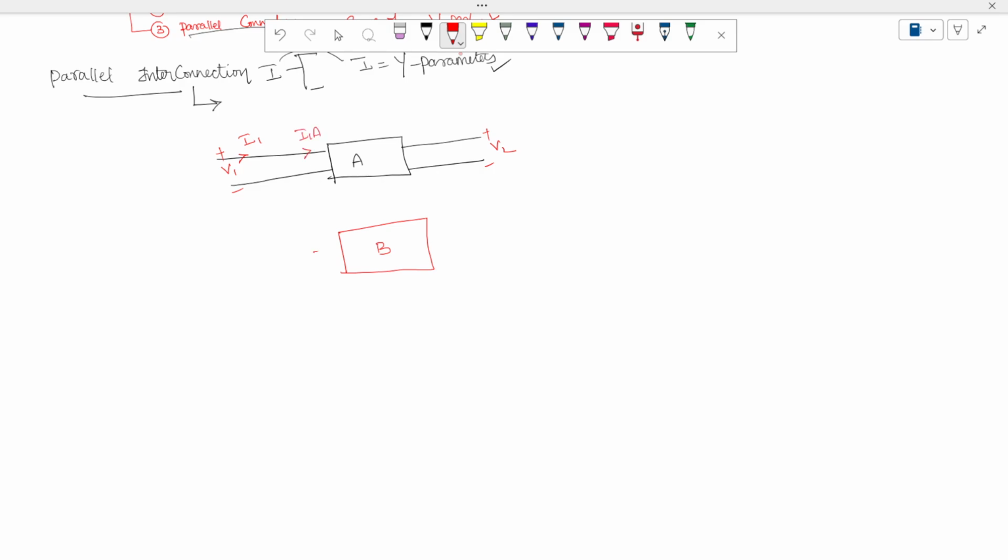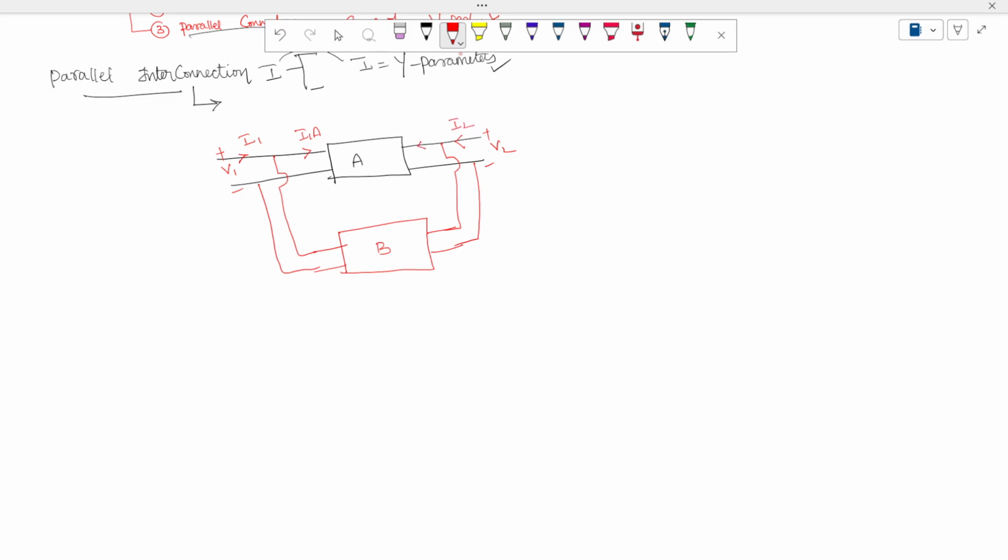And now I am also having two terminals here. I am going to join these two terminals, joining positive to positive and negative to negative. I can say they are connected in parallel. So here the total entering current is I2.